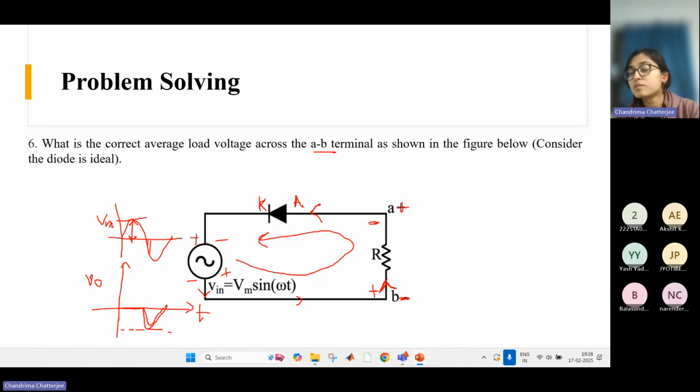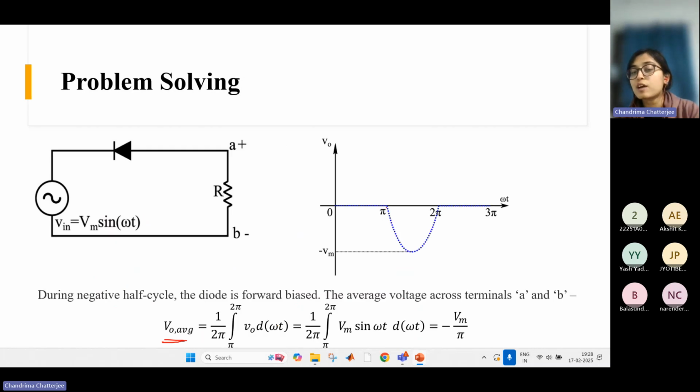It is becoming like this because current flows from higher potential to lower potential, right? That we know. So according to our knowledge, B has a more positive potential than point A. That's why this point is positive, this point is negative, and that's why we are drawing the output voltage like this in the negative region. Yes, ma'am.